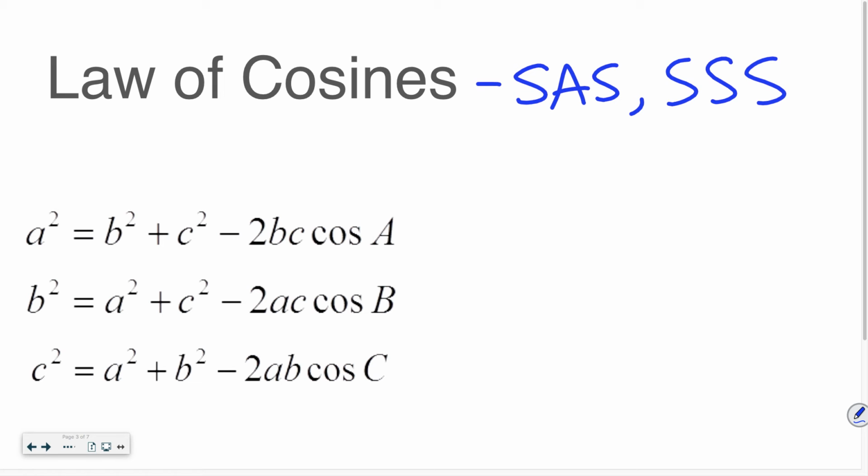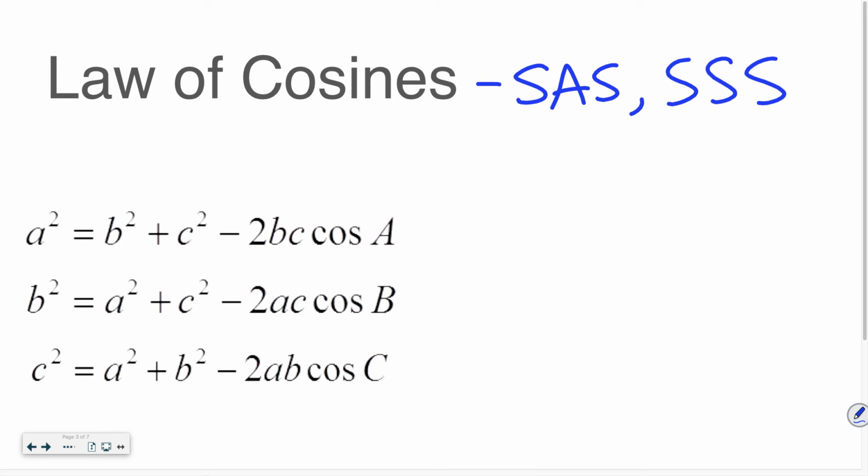So when we are presented with the given information of side angle side or side side side, we can use the law of cosines to solve our triangle. Notice how it incorporates all three sides, which is why we have to have at least two in order to be able to use it.